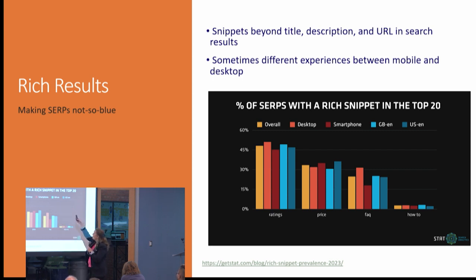This is showing, early in 2023, they were checking, I think it was 20,000 different queries to see what were the most prominent search features. And you can see here, overall is the yellow, and then between the two types of devices, desktop and smartphone, we have some differences. So frequently asked questions dropped here, and it was still pretty high on desktop, right? And that was in April.